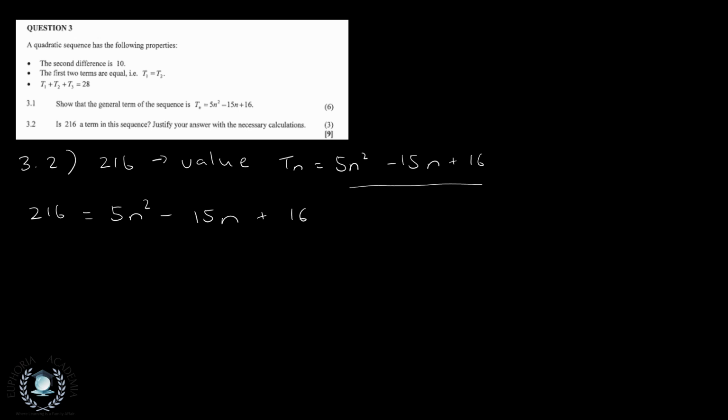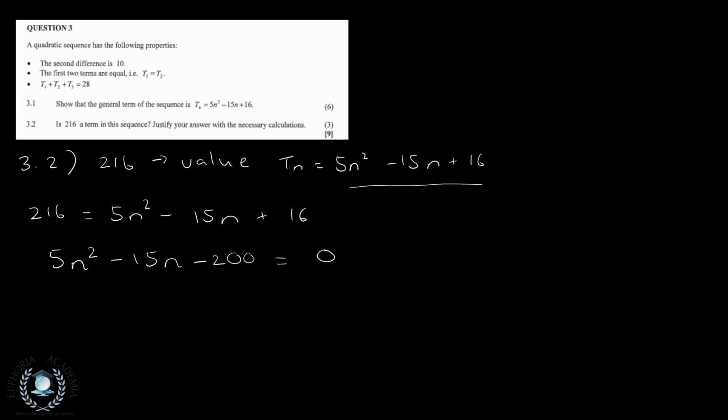So let us continue. Let's just take the 216 to the right hand side and switch things around so that things are a bit more legible. So we're going to subtract 216 on both sides. What we're going to be left with is 5n squared minus 15n, and then our c value is going to be minus 200, equal to 0.